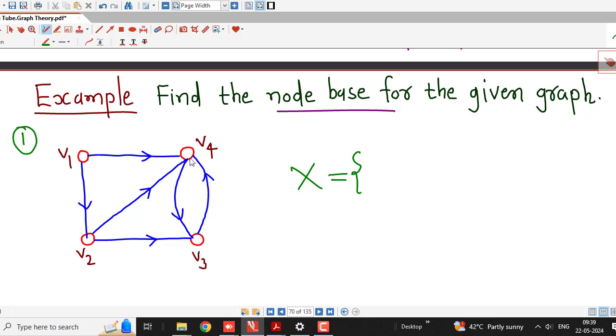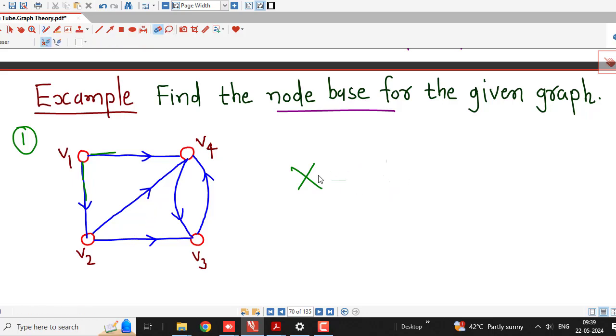So we have one cycle here, so we can consider one element from this cycle, and we can check whether there is any vertex whose in-degree is 0. So V1 is the vertex whose in-degree is 0, so that can be included.